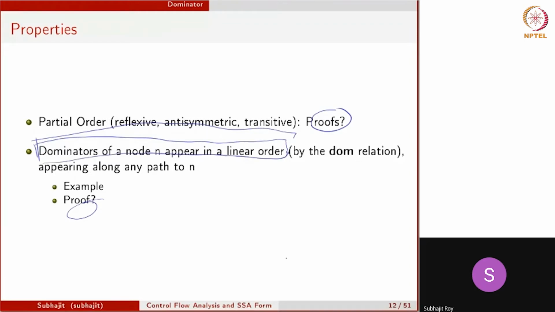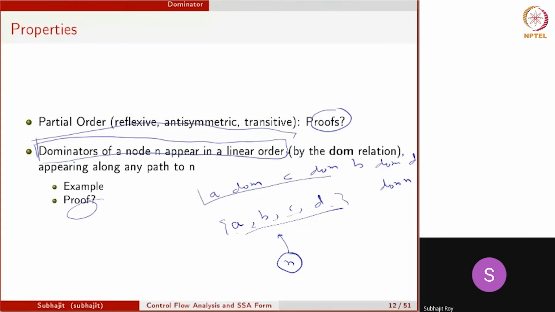So what it means is that if I take a node N and I collect the set of all dominators it has, then if it has dominators A, B, C, D, and so on, I can actually chain them up in some way where I can say A dominates C, dominates B, dominates D, dominates N. So there will be exactly one way of putting this together in one chain.